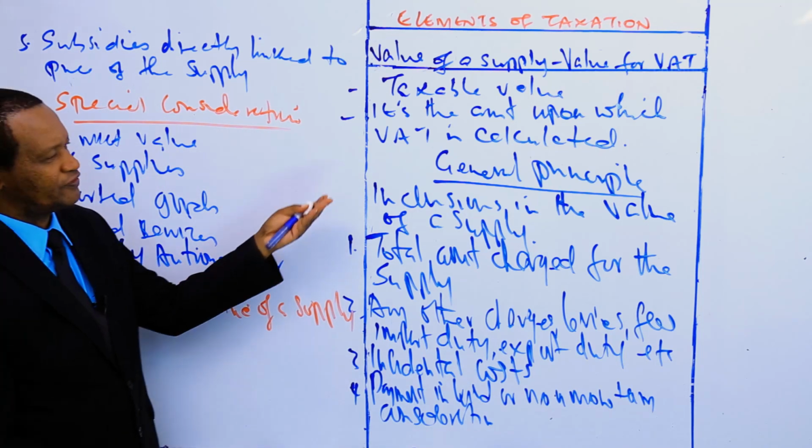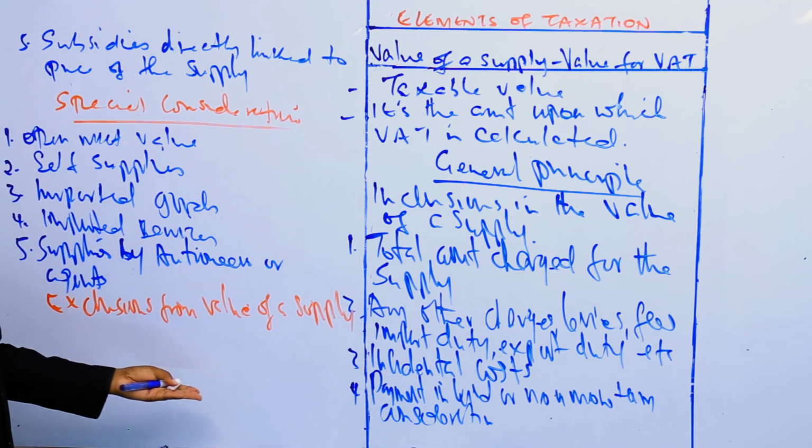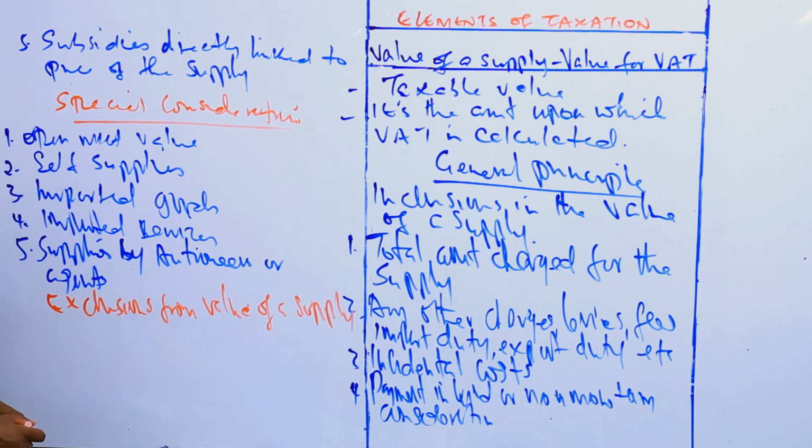Here we've identified what is included in the value of a supply. So we want to highlight the items generally not included in the taxable value. Because while most charges related to a supply are included, there are some specific items that are explicitly excluded from the consideration for VAT purposes.